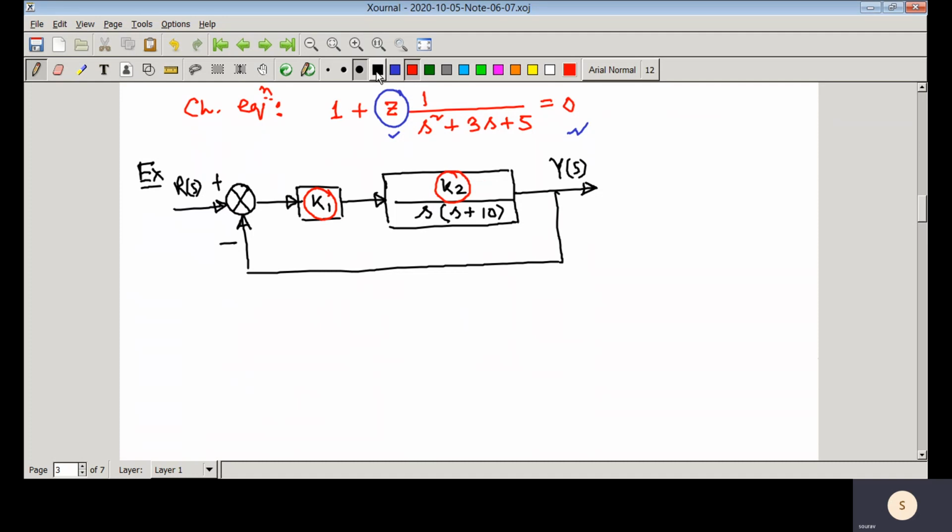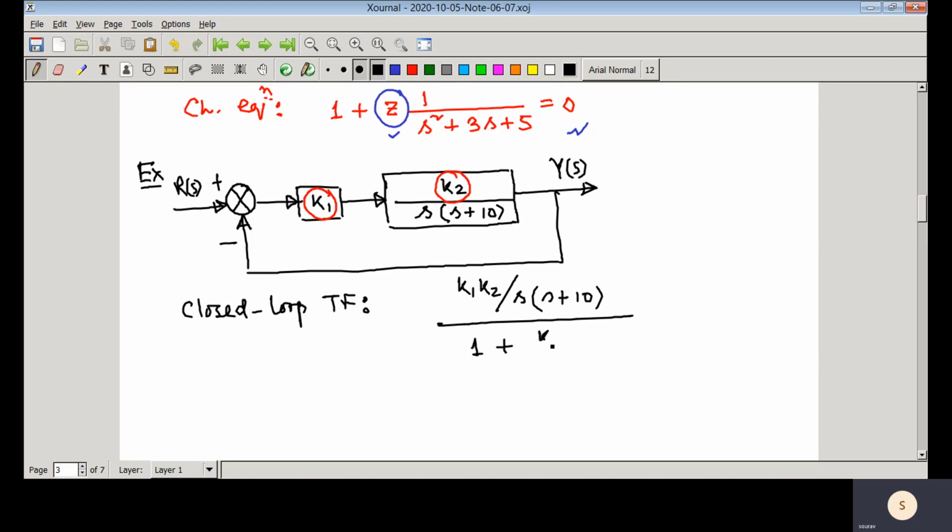If we first write the closed loop transfer function, we get k1 k2 divided by s plus 10, and then 1 plus k1 k2 over s plus 10.